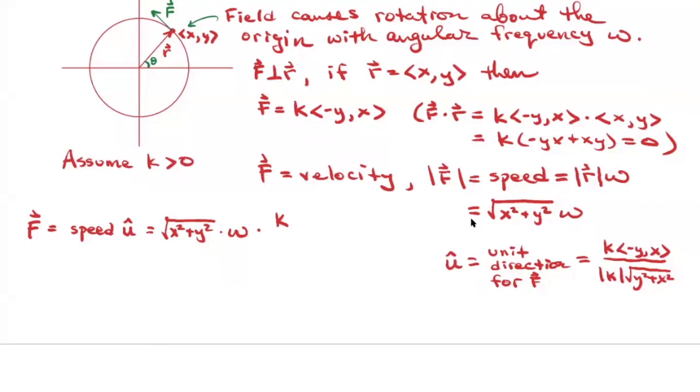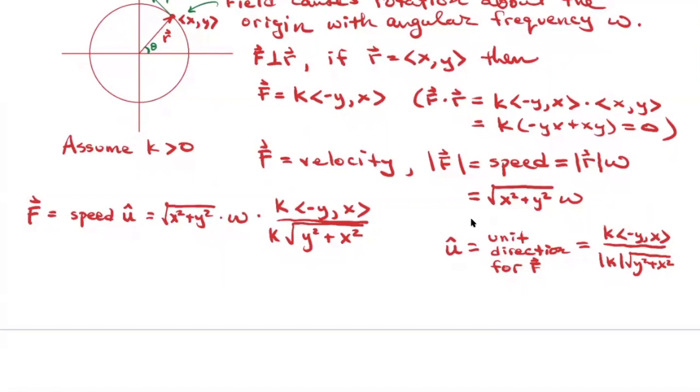So this means we can just do k times negative y, x over the square root of y squared plus x squared, just to make that a unit. Oh, there's a k down here also. I dropped the absolute value, dropping it because k is positive. And so you get a bunch of cancellations. And so the field, a rotational field with angular velocity omega, is just omega times negative y, x.